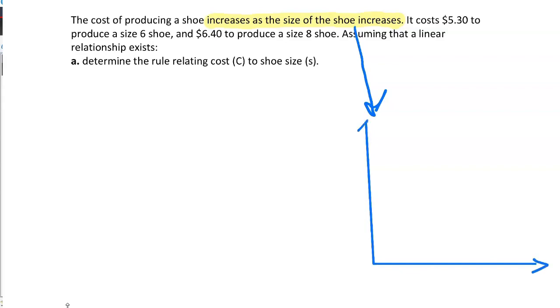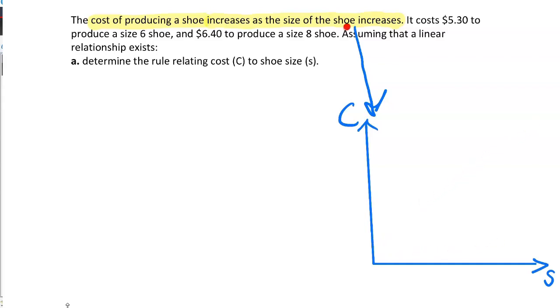That cost, which we get told here, and shoe size. So the cost of producing a shoe increases as the size of shoe increases.